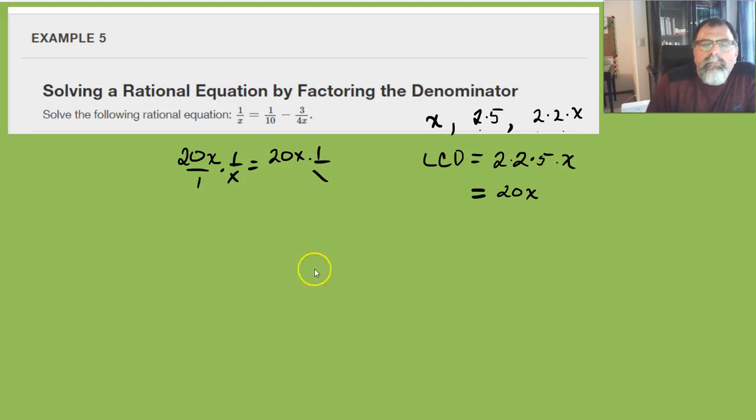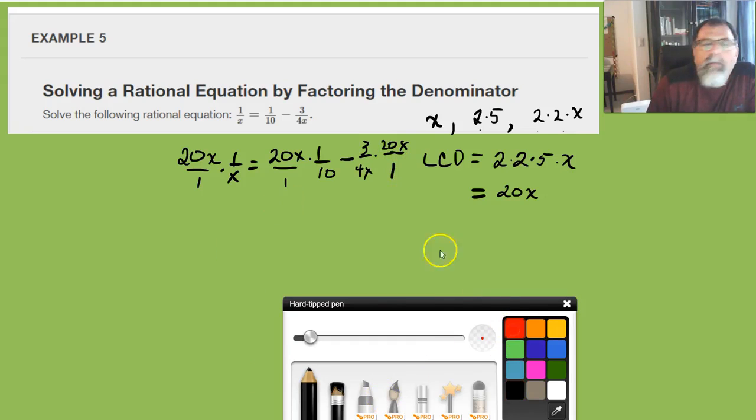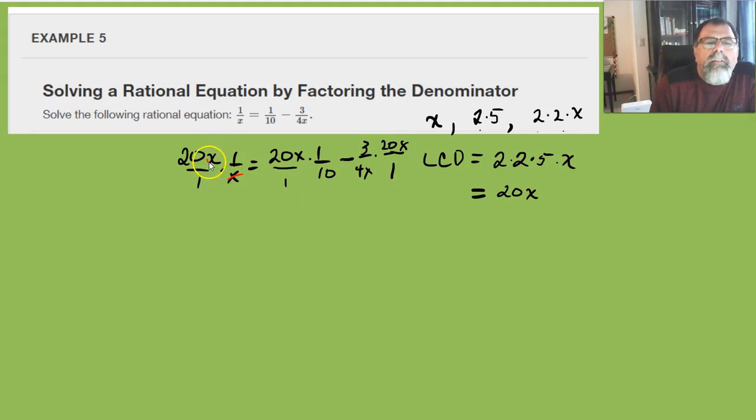Oops. I was going too fast. 20x over 1. All right, so now let's do my canceling. So here, just the x's cancel.